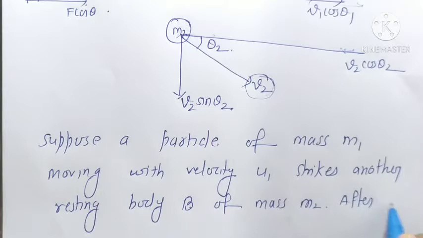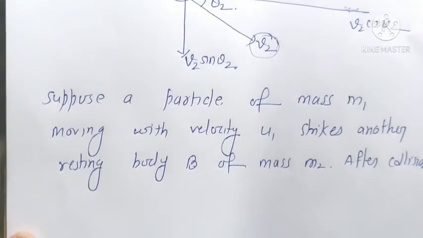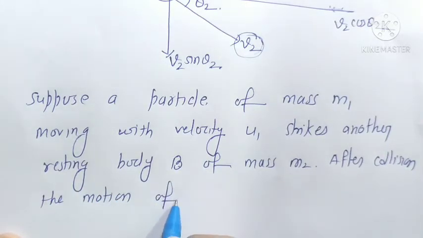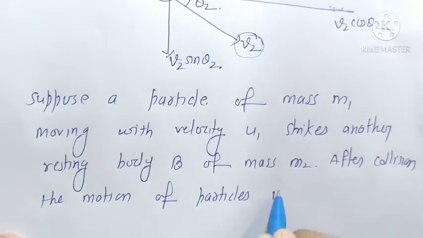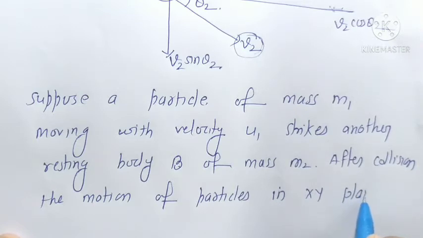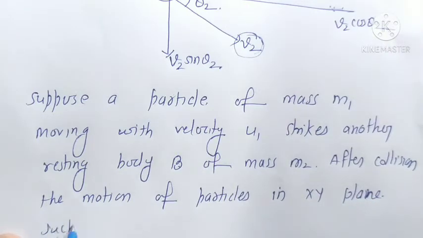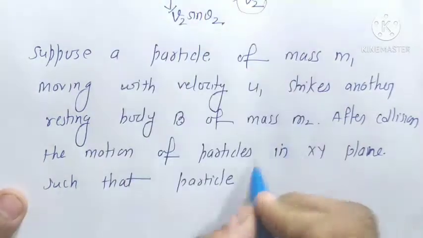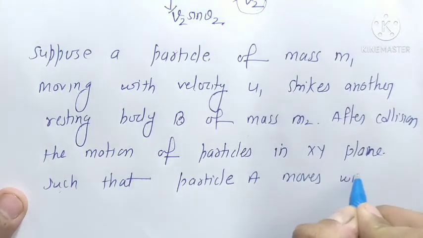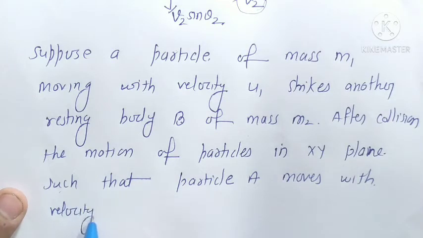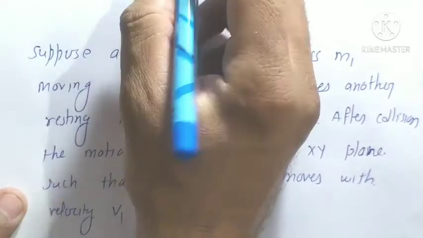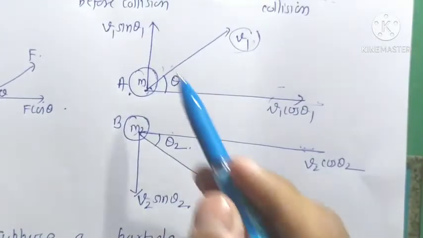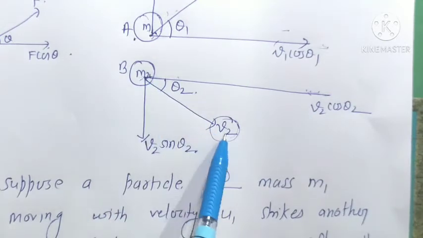After collision, the motion of the particles in the xy plane is such that particle A, the first body, having mass m1, moves with velocity v1, and the second particle B having mass m2 moves with velocity v2.